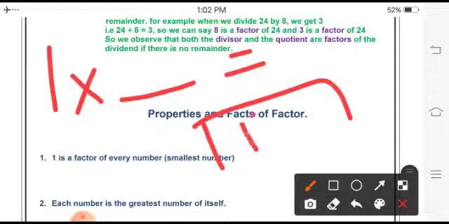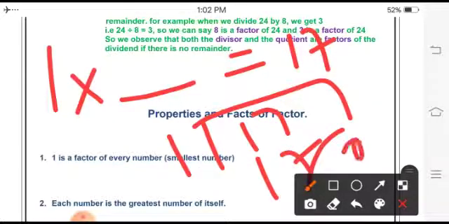Say, for example, we have 17: 1 seventeen is 17, 1 fourteen is 14. All numbers, when divided by 1, will leave remainder 0. That means 1 is a factor of every number, and 1 is the smallest factor of every number. There is no number smaller than 1 which can divide any number exactly.